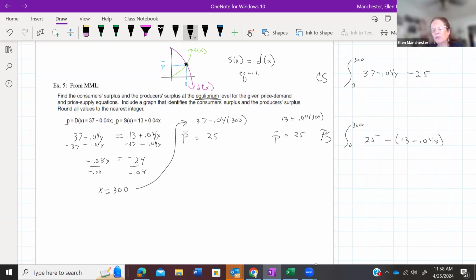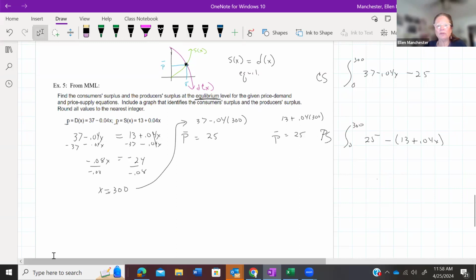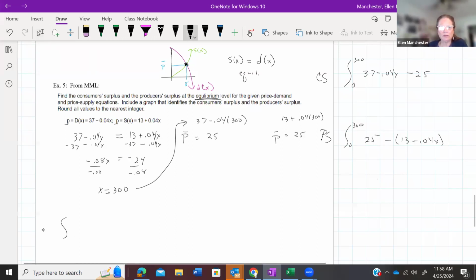And remember, when you're subtracting off a binomial or a trinomial, you need to push that negative through both. Okay. And now you can find the consumer surplus and the producer surplus. So I'm going to rewrite it down here. So this is the consumers.